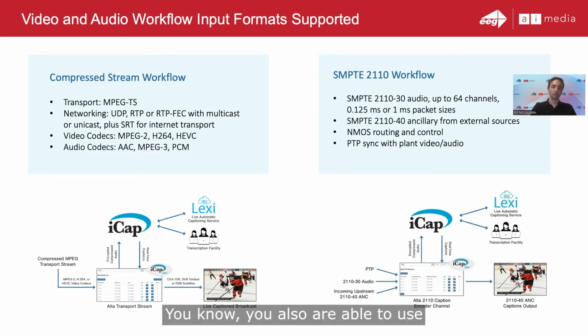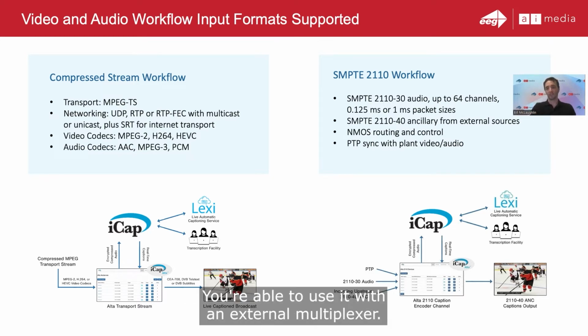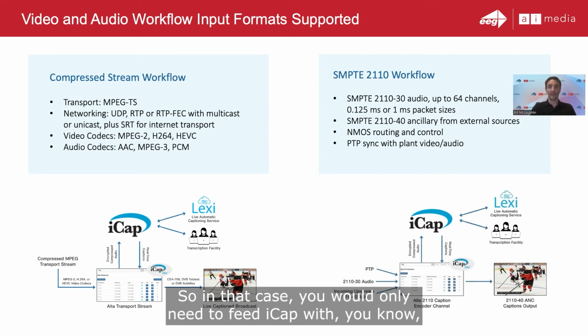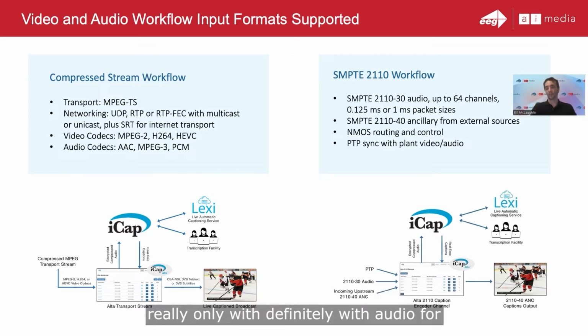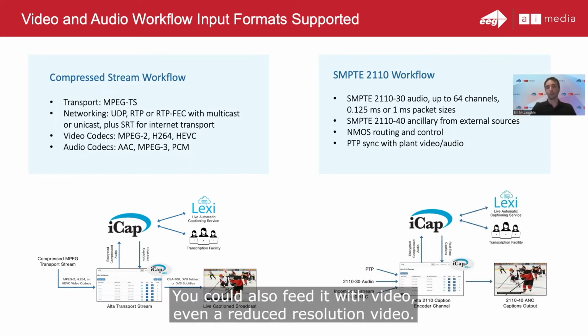You also are able to use the product in the way some other live caption insertion products can be used in the transport stream domain, you're able to use it with an external multiplexer. So in that case, you would really only definitely need to feed ICAP with audio for the captioner to get an audio feed. You could also feed it with video, even a reduced resolution video.